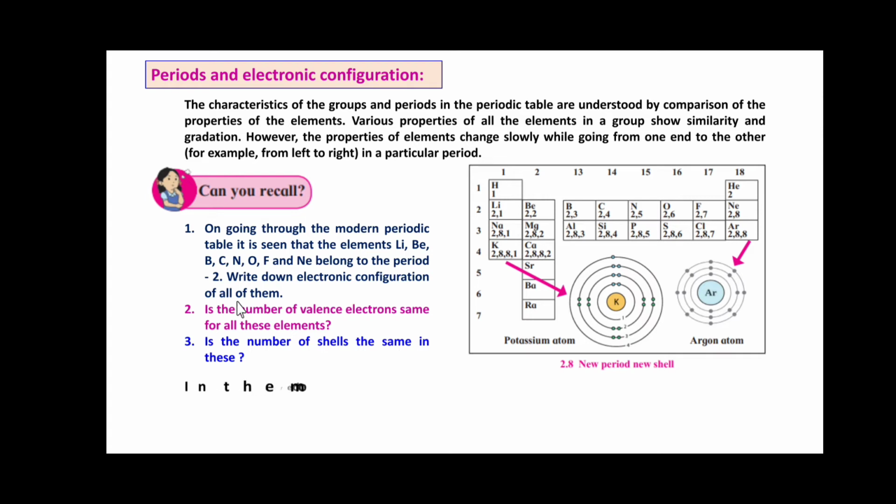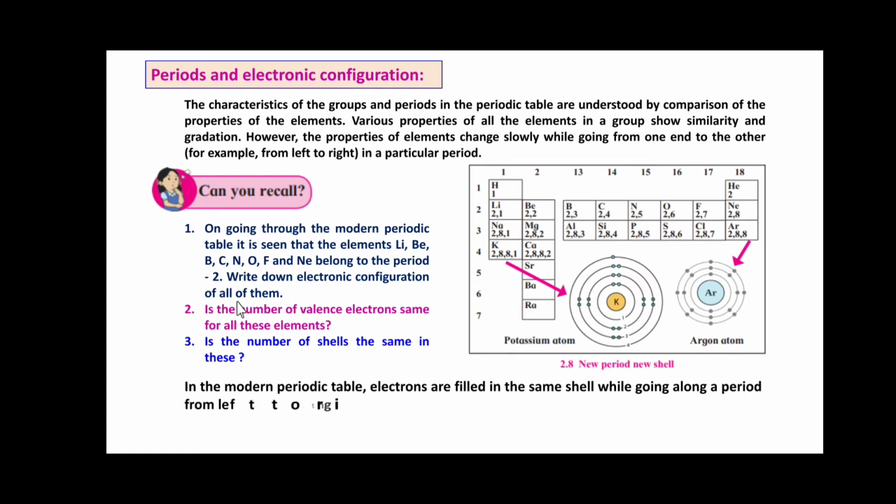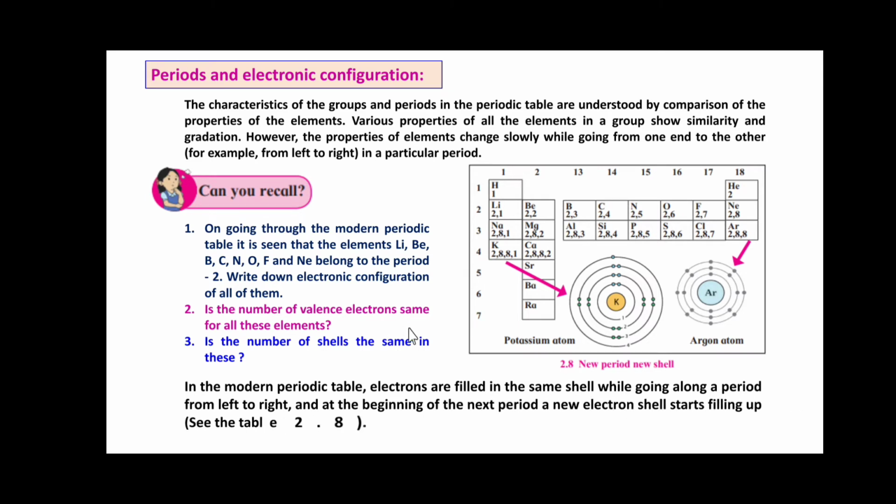So friends, here in the modern periodic table, electrons are filled in the same shell while going along a period from left to right. And at the beginning of the next period, a new electron shell starts filling up.